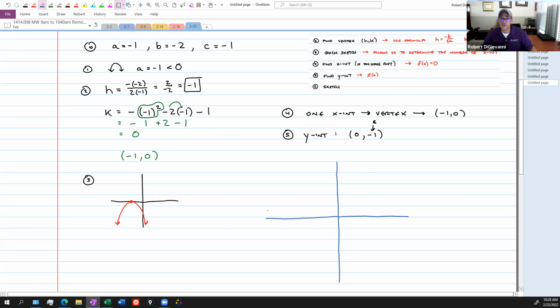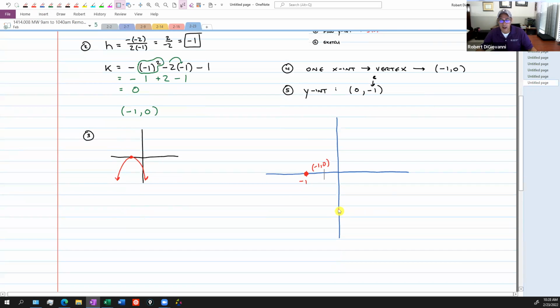I don't have a ton of information, do I? I have a vertex of -1, 0. And the only other thing I have is a y-intercept of 0, -1. And that's all I have to draw this thing.